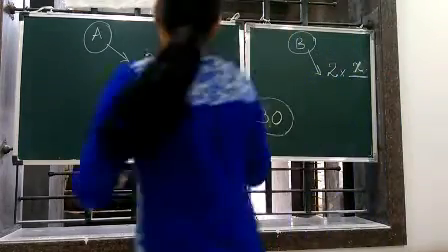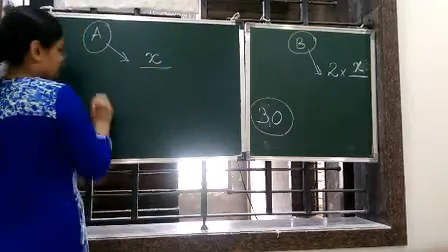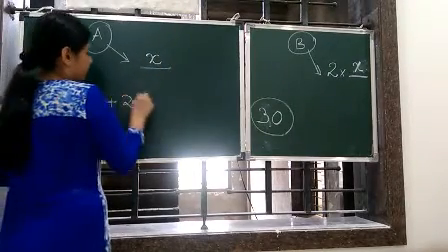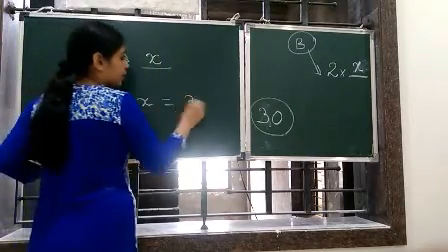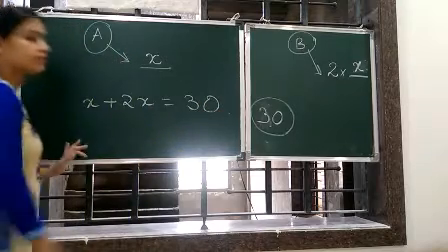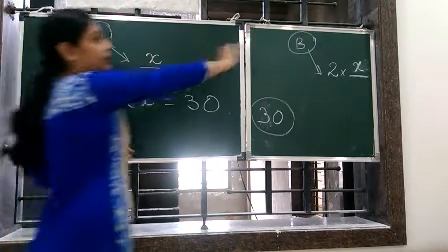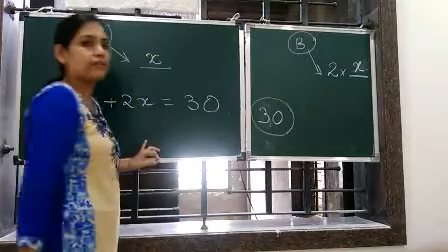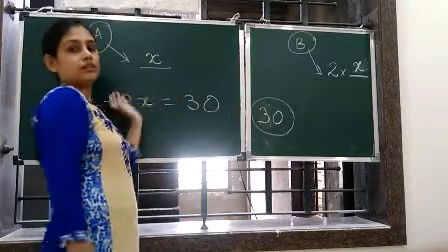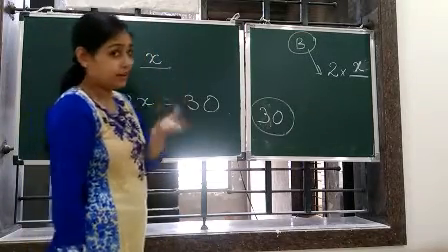Okay, so what should be the equation? x and 2x is equal to 30 mangoes. Got it? From here you can get how many mangoes A is eating and how many mangoes B is eating. Okay, so this is an example. If these two are real people, then it's a real life example.